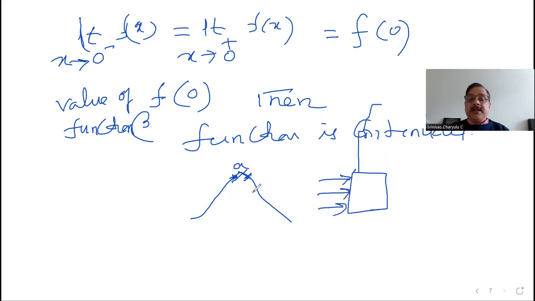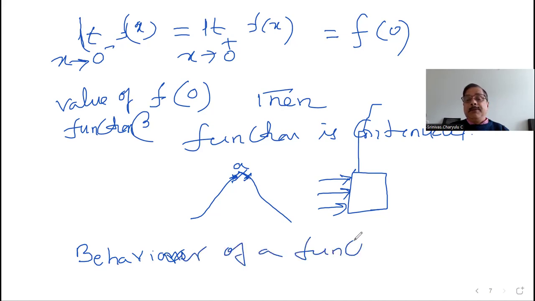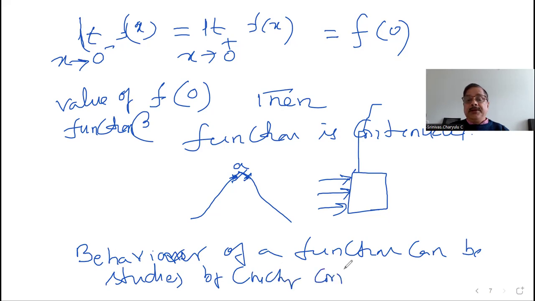So by understanding these boundaries, we will come to know whether the function can give me a response or not. This is called behavior. The behavior of a function can be studied by checking the continuity.